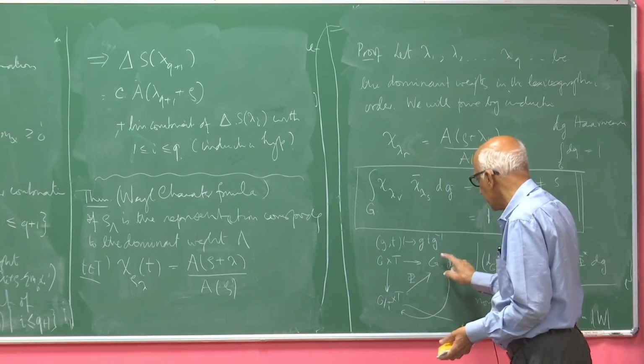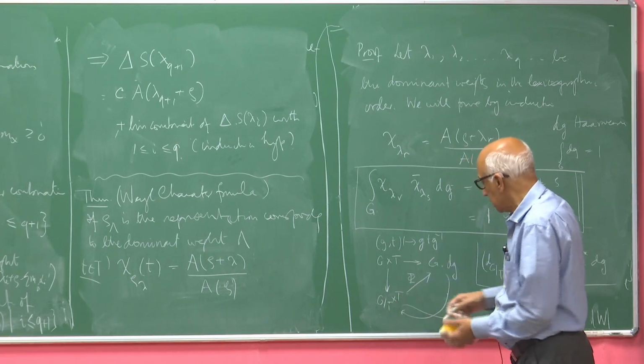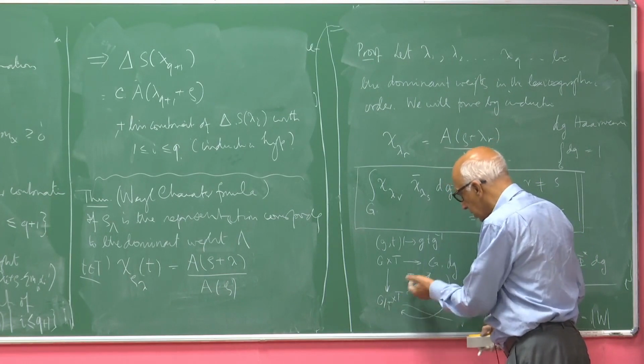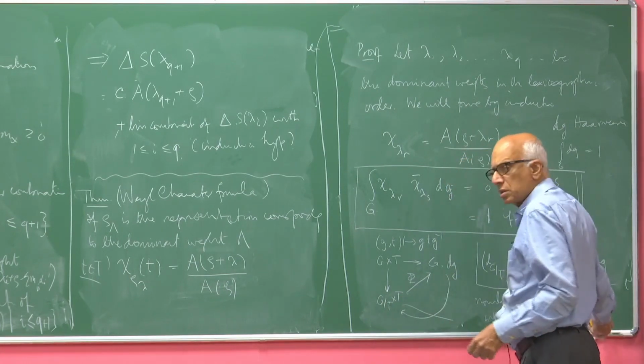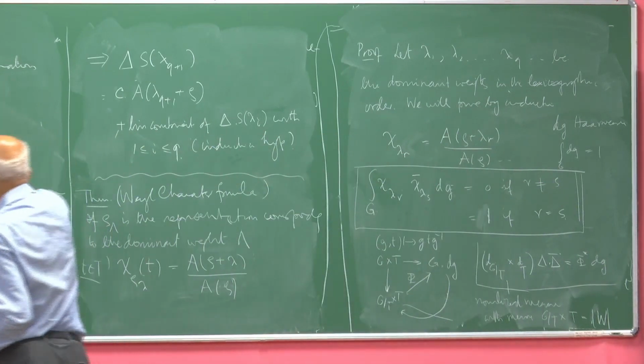The image set has a complementary set of measure 0, so it will have measure 1. Since the fiber has the cardinality of W, I get G mod T cross T equal to mod W. That is the measure which you get.